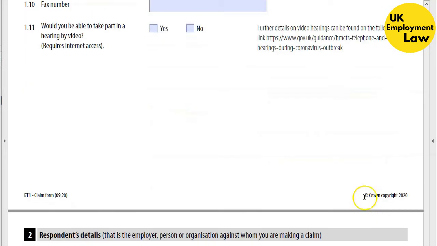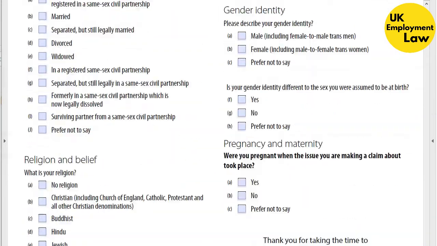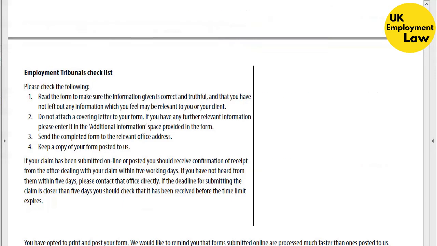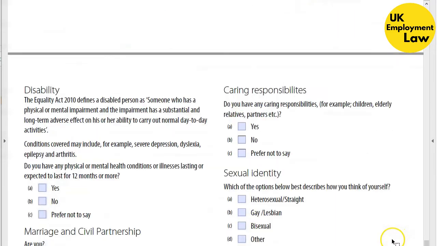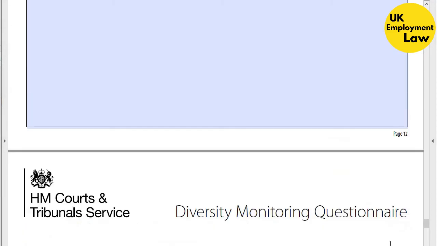As you can see, this consists of 15 pages. I'm quickly scrolling down. Here it says page 15 at the end. This is page 14, page 13, about the diversity monitoring questionnaire.